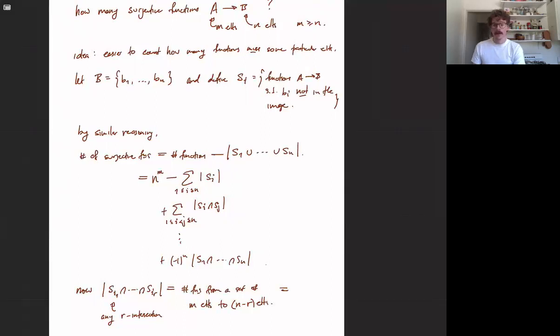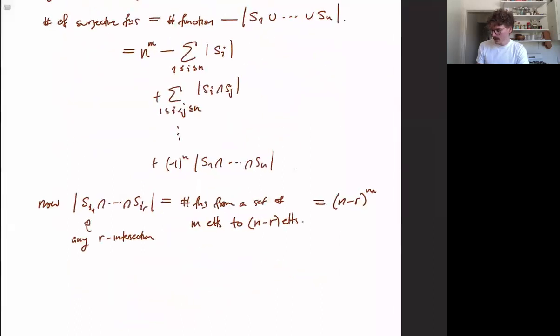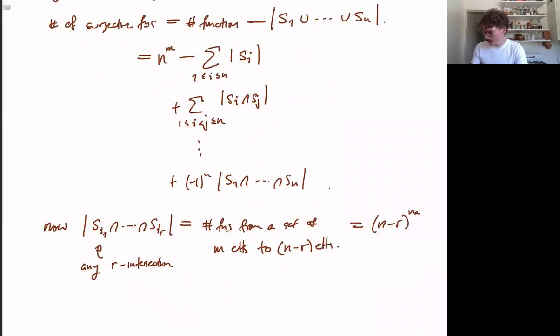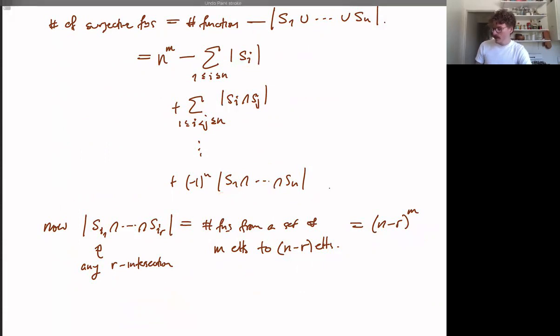And again, by our product rule, the number of these is N minus R to the M. So let's zoom back in here. And so each of these intersections has that cardinality. In particular, for a fixed R, they are all the same.